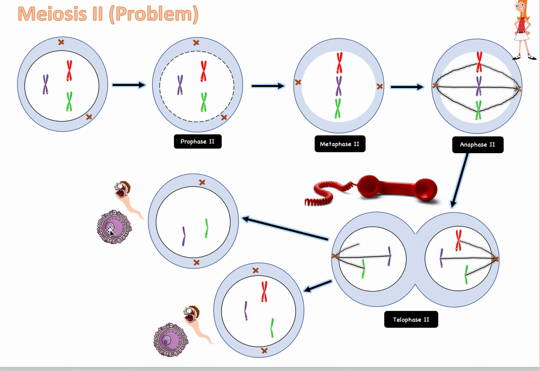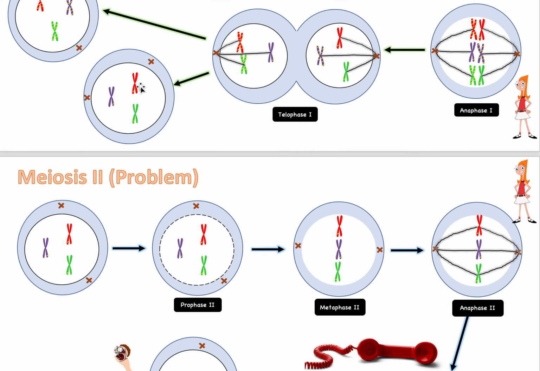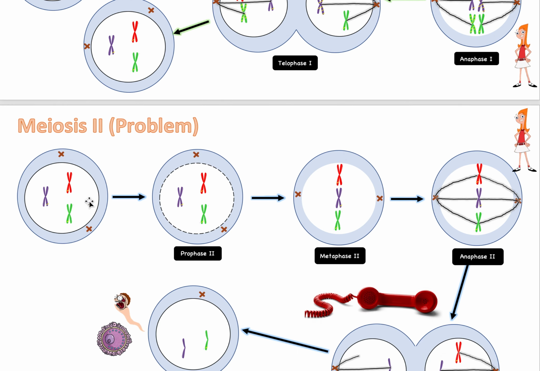Only this time, meiosis 2 is not normal. And we'll see what happens. So we take now one of these cells that was produced during meiosis 1, and we continue the process. But remember, this process happens for both cells. So let's take this one and see. Now we have prophase, then we go into metaphase, they line up in the middle, and in anaphase, now they will get pulled apart. Only now the difference is, instead of having one chromatid go to each side, one of them will fail.